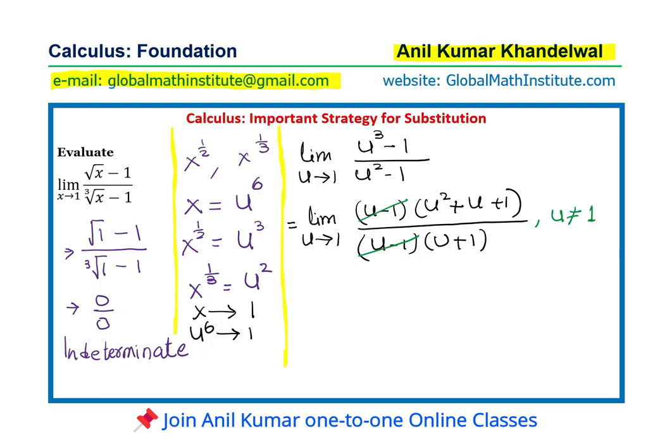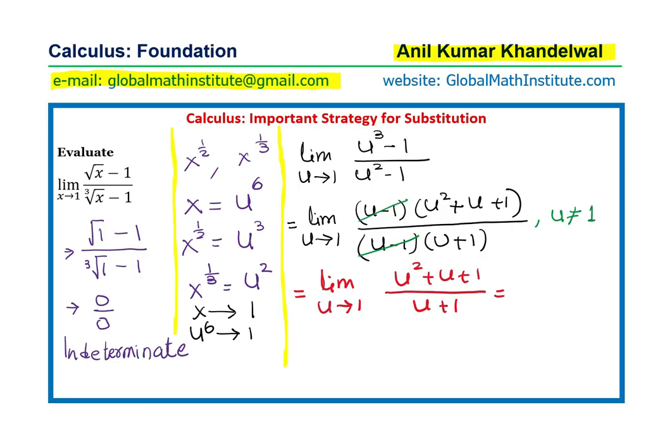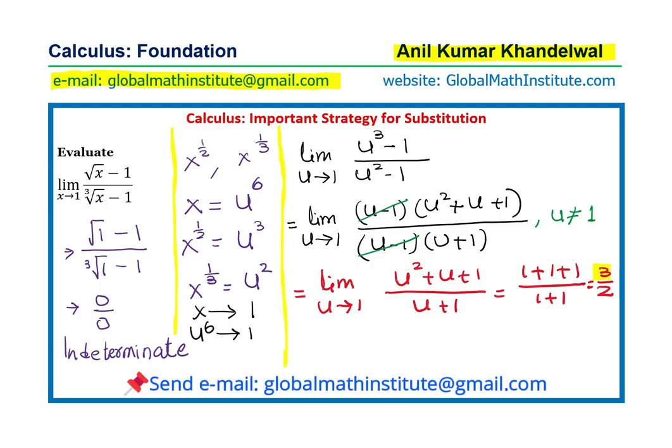So we come up with the final statement, which is the limit as u approaches 1 of u square plus u plus 1 on top and u plus 1 on the denominator. Now you can substitute and see what happens, and what you get is your answer, which is 3 by 2. And that is how you do it.